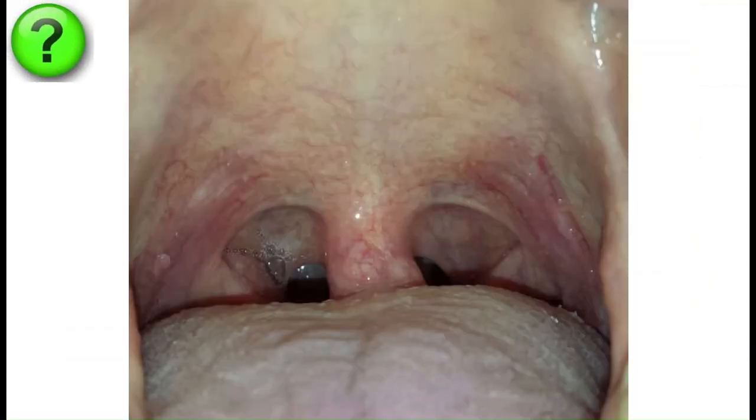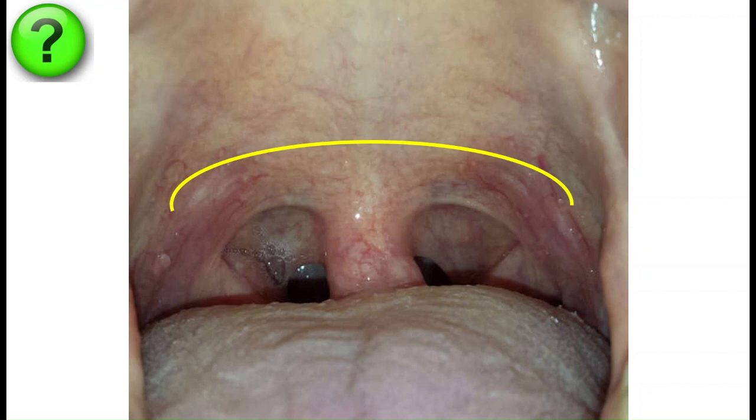What is this? Here is a closer image of the soft palate, and there is a junction between the soft palate and the hard palate. When the hard palate ends, the soft palate is attached to its posterior margin, and the soft palate laterally has two extensions.